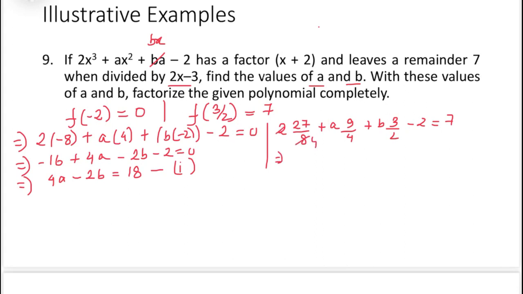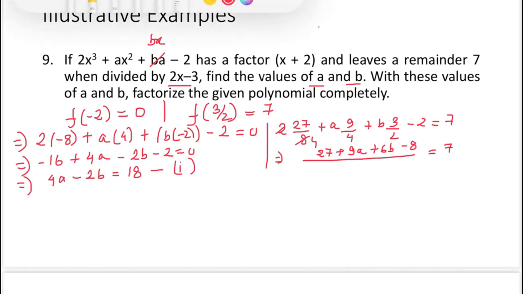So what we'll do is take a common denominator as 4, right? So we take the denominator as 4, and finally we'll multiply 7 with 4. So what we have here is 27 plus 9a, the denominator is 2, so we have to multiply 3b times 2, so plus 6b, and we have minus 2 times 4, so minus 8, equal to 7.